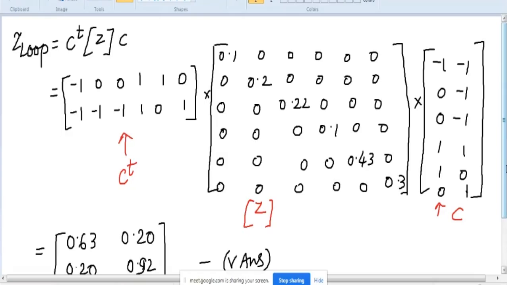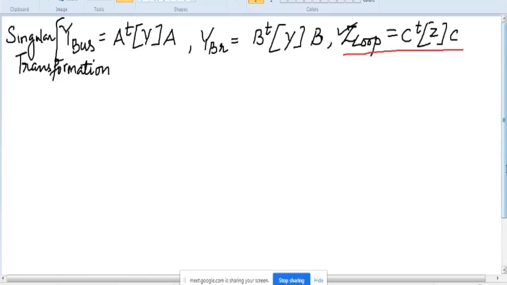Now we will solve the problem for the other two parts: Y bus is equal to A transpose YA, and YBR is equal to B transpose YB. The second part will be quickly solved because we have already calculated the B matrix. If we have the B matrix available, we can quickly calculate YBR.